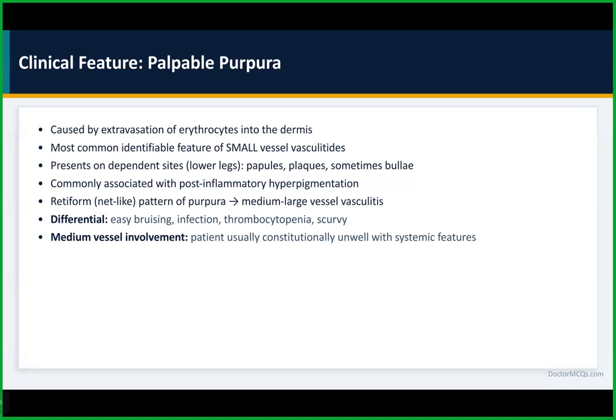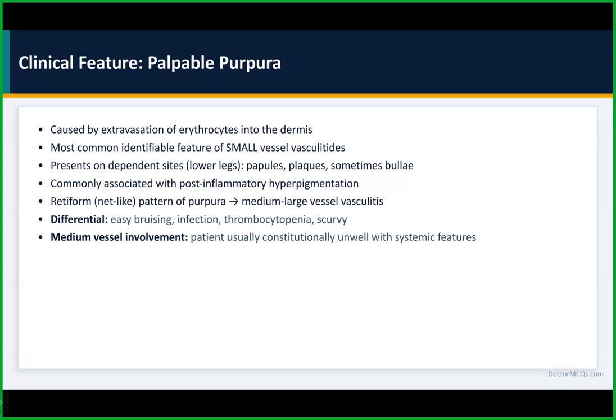Most commonly identifiable is small vessel vasculitis, mostly on the dependent parts, appearing as papules and plaques and sometimes a little bulla. It can also cause post-inflammatory hyperpigmentation that can be concerning for the patient. A net-like pattern of purpura is known as retiform, and it is basically medium to large vessel vasculitis.